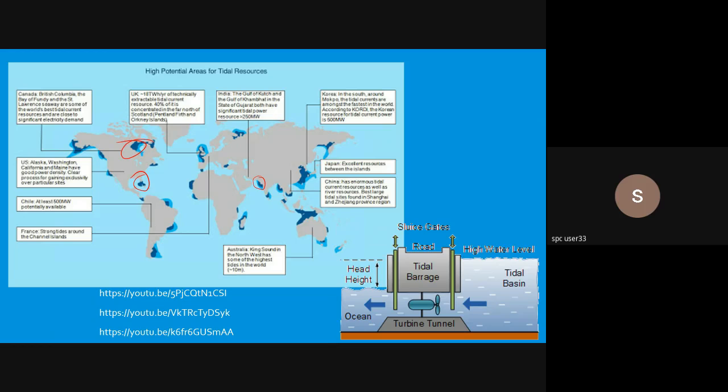Where the water narrows into a small inlet, you have higher potential areas for tidal resources. In these areas, it's not only that the tides get higher, but you can generate what's called tidal energy.